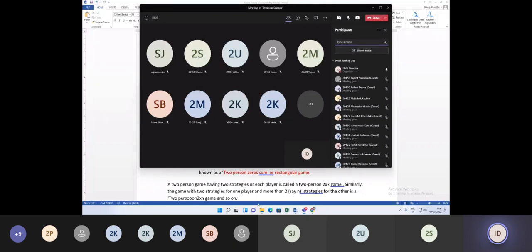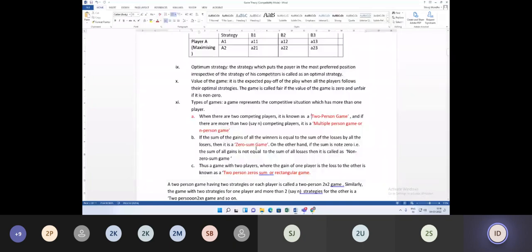Next, if the sum of the gains of all the winners is equal to the sum of losses by all the losers, that means the sum of the gain of A is equal to the sum of the loss of B, then it is called a zero sum game. Keep in mind for MCQ: the sum of gain of player A equal to the sum of loss of player B is called a zero sum game.